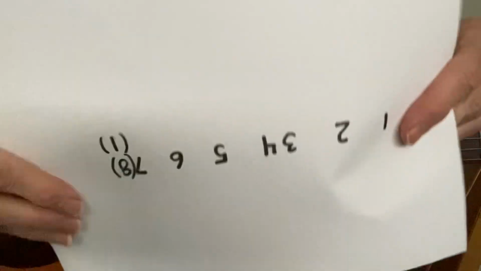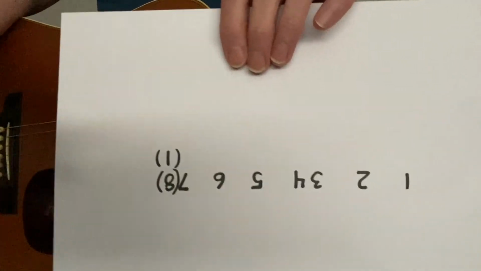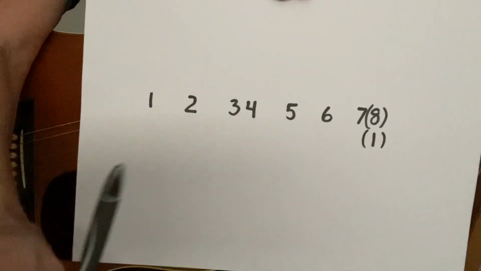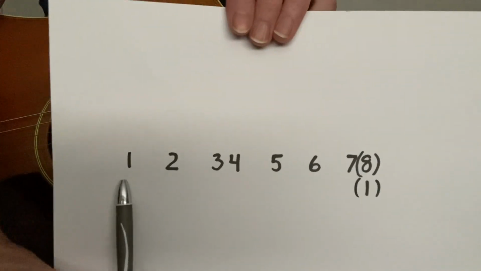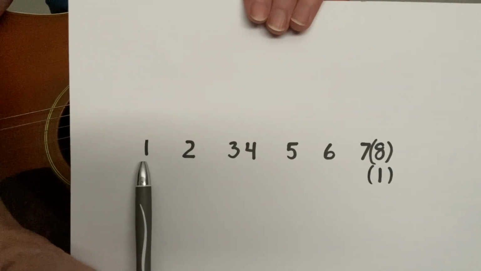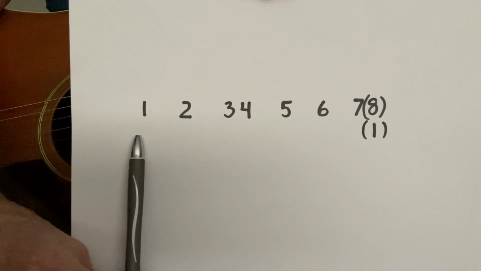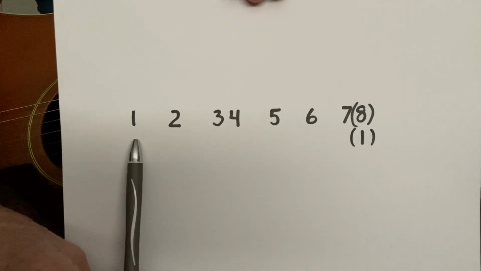And so a scale degree, let's have a different visual for this one. This is a scale represented, is it right side up? Sorry, what I'm looking at is backwards. So this is a major scale, represented just by numbers.